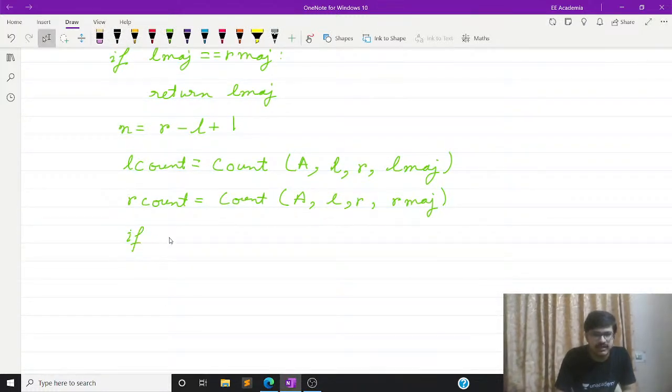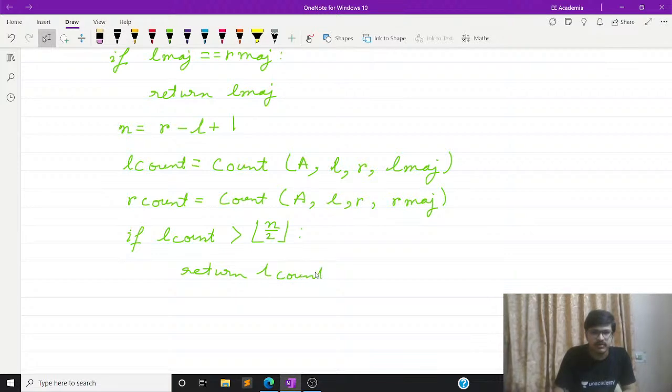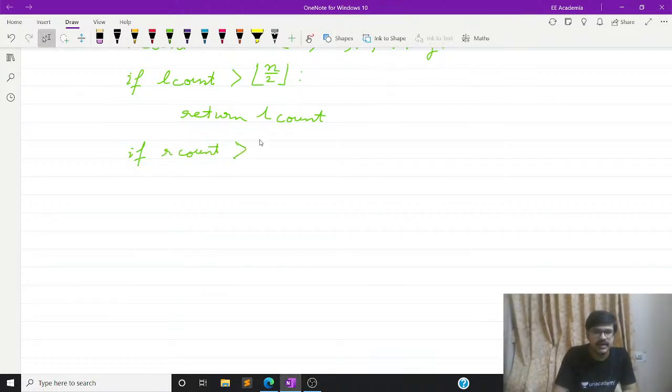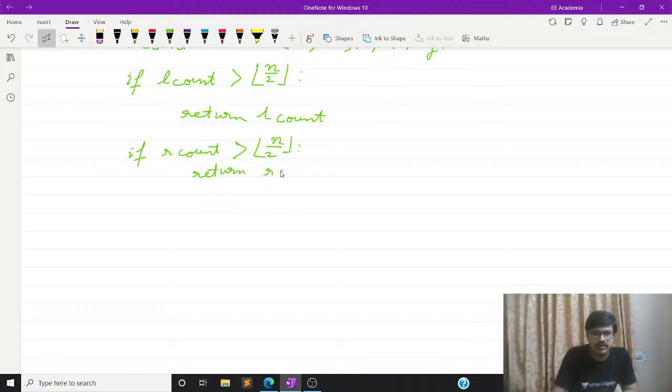If the left count is greater than n by 2 floor, that means it is indeed the majority element, so just return that element. Otherwise, check if the right count is the majority element in our array, and if so return it. Otherwise, there is no majority element in our array.